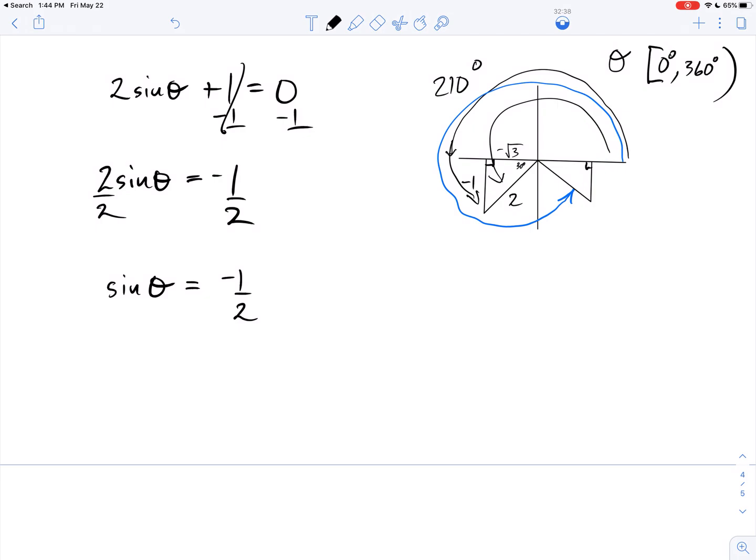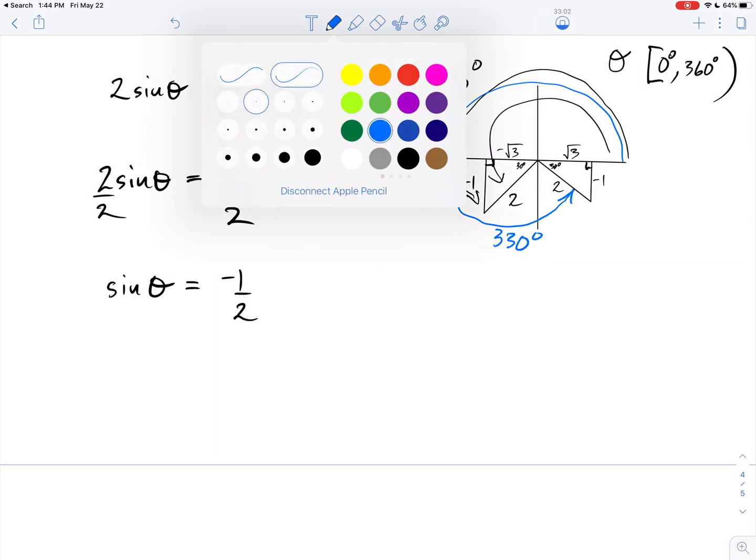That would give me this guy's a little sliver of 30 degrees, because that would be a -1, that'd be a 2. This time it's a rad 3, but hey, my bow tie is paying off for me. How would I get all the way over there if this blue angle was a 330-degree angle? So I already have 2 of my answers, but I'm only done with half the question.